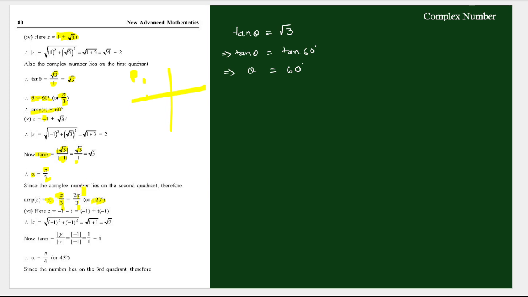We have to see where the complex number lies. And after that we will find the relation between theta and alpha. So if both are positive, then simply theta. If negative comes, then you have to take alpha. It is written somewhere here, right?